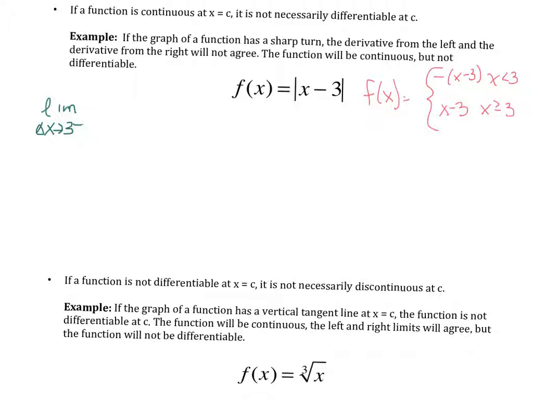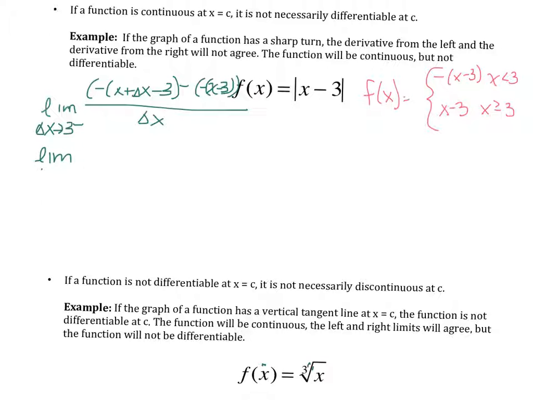From the left, we are going to use negative quantity x plus delta x minus 3, minus negative quantity x minus 3, all over delta x.